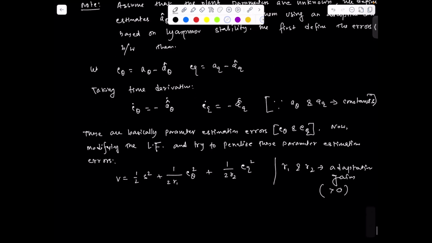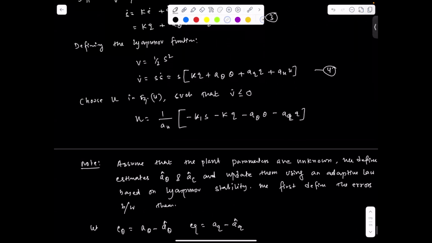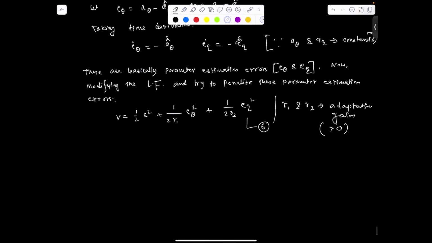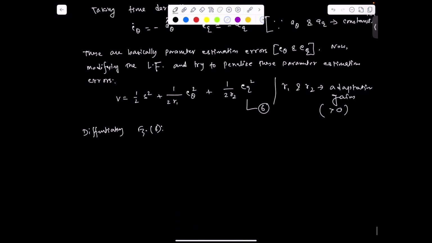So now differentiating this equation, these are equations 5 and 6. Differentiating equation 6, we have V dot equal to S S dot plus 1 upon R1 E theta E theta dot plus 1 upon R2 EQ EQ dot. Okay, so we'll go step by step.